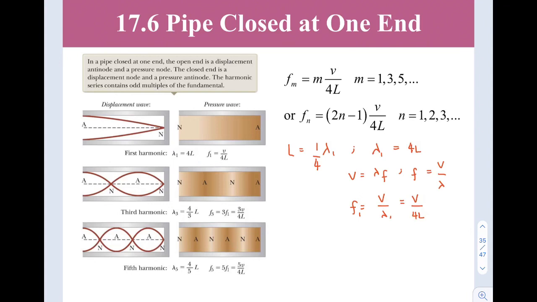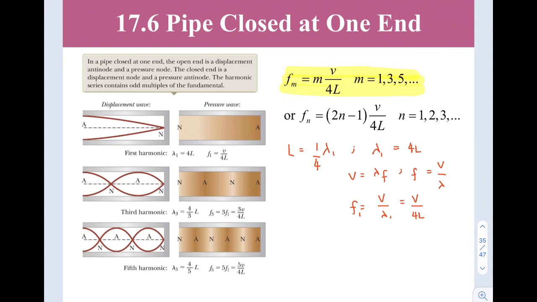For the rest of the frequencies, we may deduce them by the same method, using the same technique. In general, the frequencies are equivalent to this: Fm equivalent to mv over 4L, where m is equivalent to odd orders 1, 3, 5, 7, and so on.